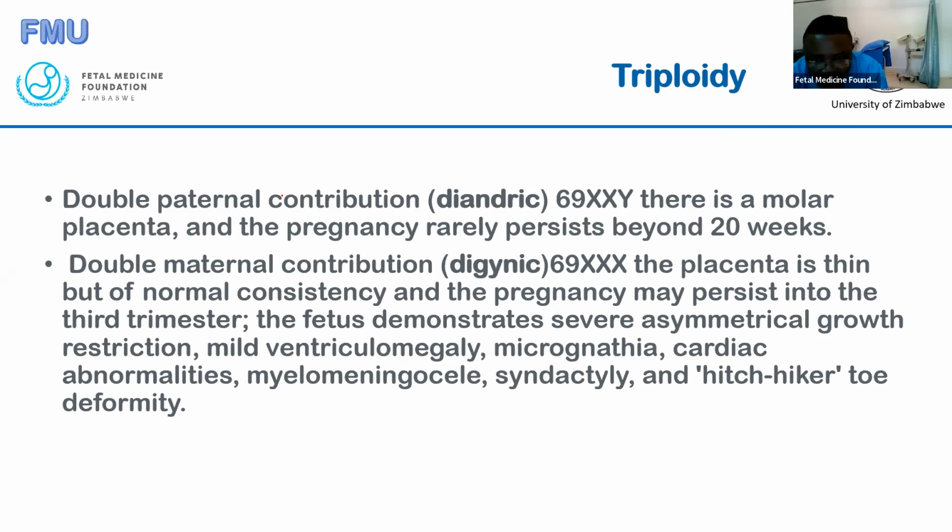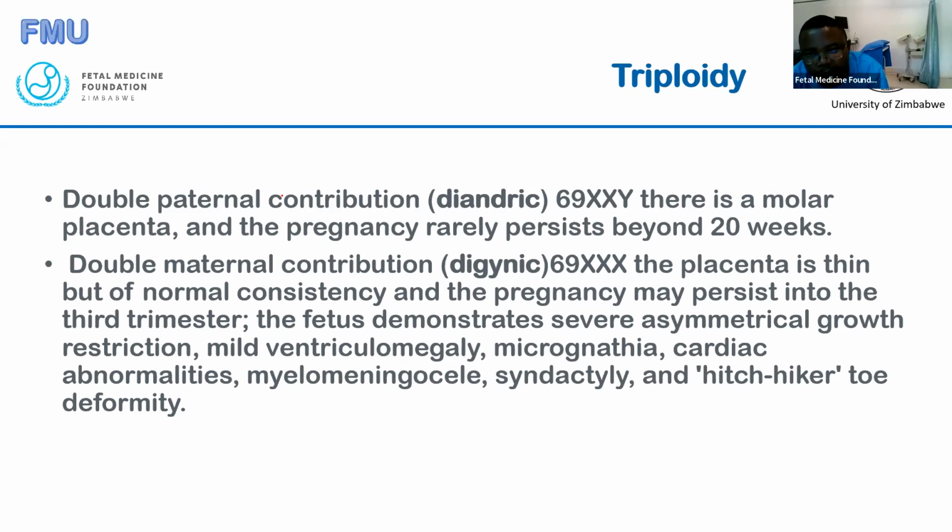This donation can come from either the father or the mother. The whole sperm can fertilize half of the egg, right? Because the egg has to divide from 46 to 23 to form this haploid. So if it is from the mother, it's called digynic triploidy. If it is from the father, it is called diandric.